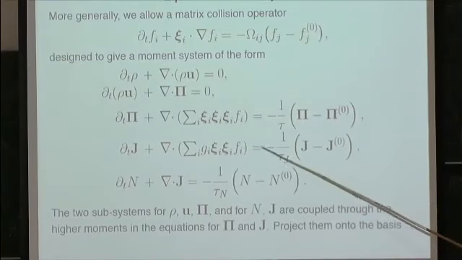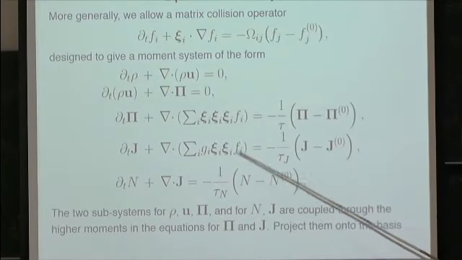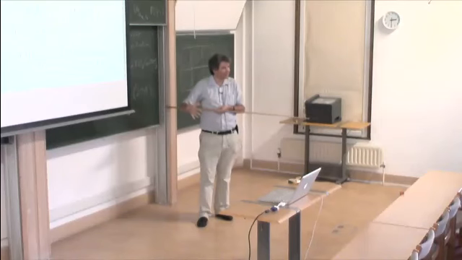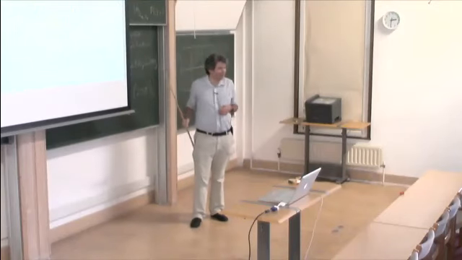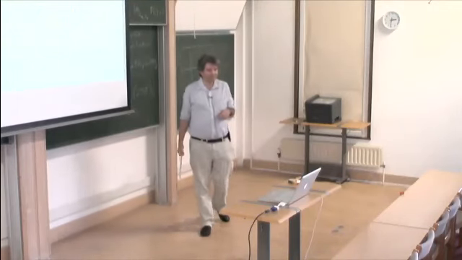And these sort of decouple, but they couple in that when I project this and this onto my basis, I get some j's appearing in here, and some pi's and some u's appearing in there. So I've got a coupled system of 9 PDEs, which gives me an equivalent description of the Boltzmann equation, and the attraction is this is set up to get hydrodynamics out, because hydrodynamics involves the moments, not the distribution functions.